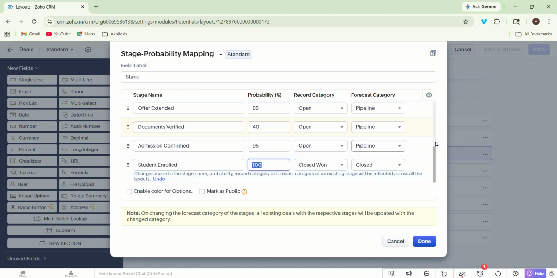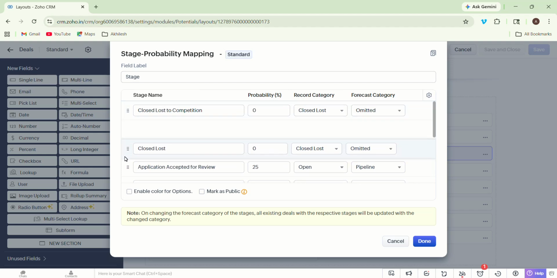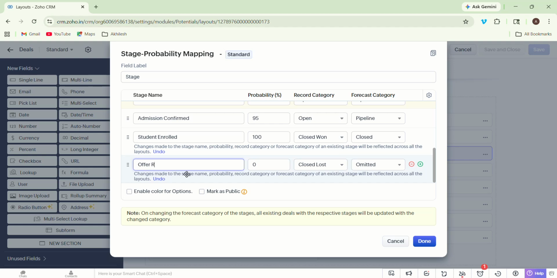Okay, and then there is closed lost. So after going through all these stages, you can call it offer rejected.